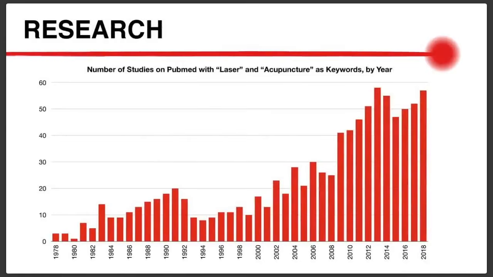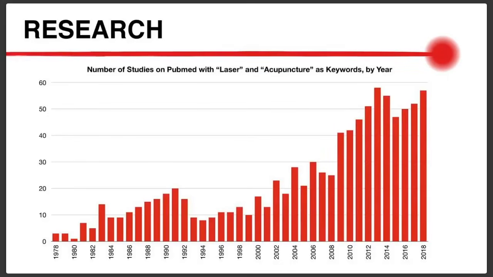And I wanted to show you this. I thought this was really fascinating. If you go to PubMed and you type laser acupuncture in the search box for the keywords, this is a plot of the number of results you're going to get. So you notice in the 70s, there were a few studies going on. Into the 80s, it started to really increase. And then it dropped kind of in the mid 90s.